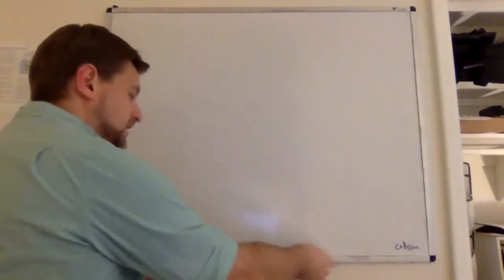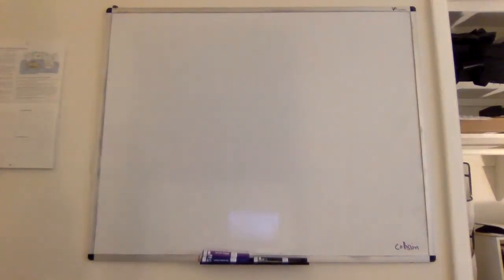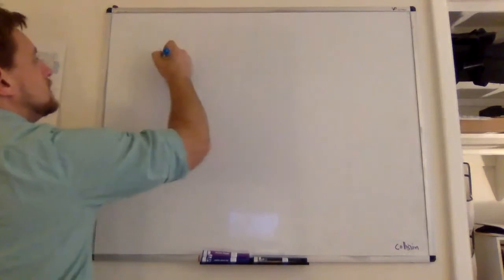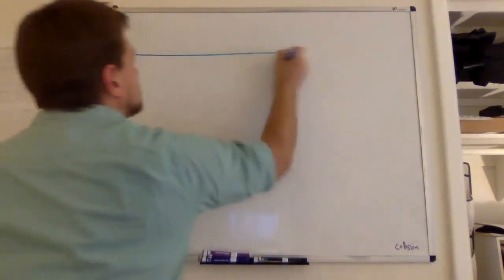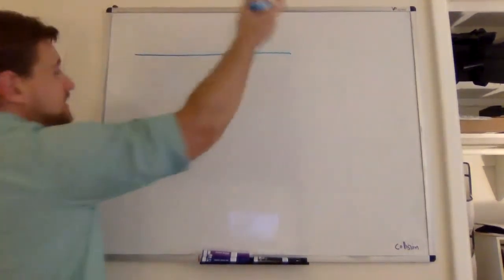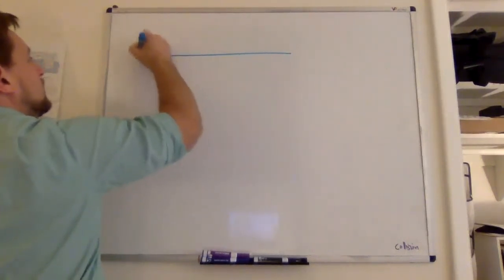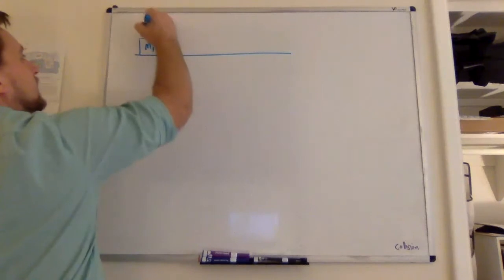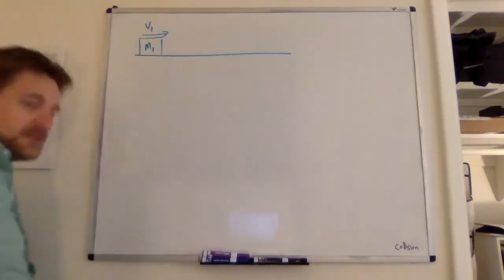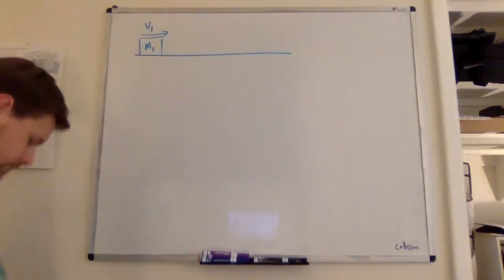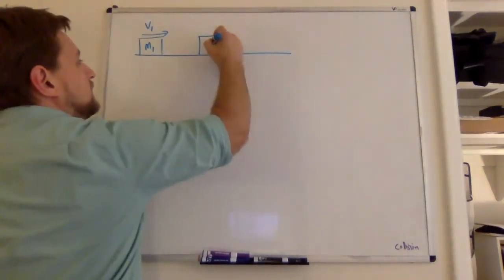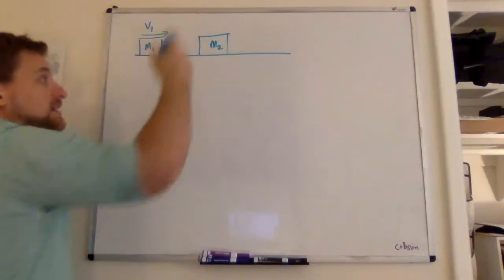Next, let's talk about collisions. Suppose we have a frictionless track, some ice or something, and we've got one object sliding. It has a mass m1 and a velocity v1 sliding to the right. And some other mass m2 is initially at rest.